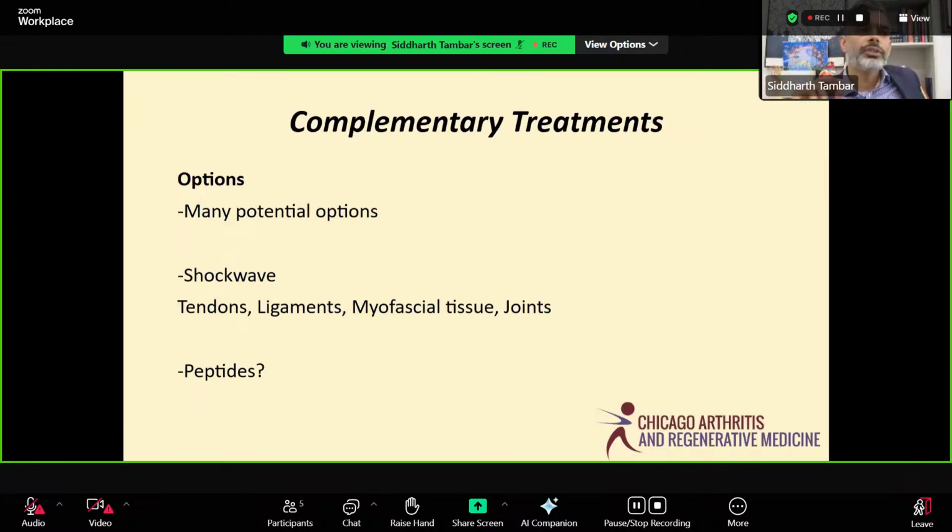A couple things. Number one, limited data to commit to peptides, but kind of in theory makes sense. Number two is you have to be careful because sometimes what may be healthy and helpful short term, like some peptides, may have an issue long term, meaning if you're taking it for prolonged periods of time. As an example, things like BPC 157, TB 500 are frequently used for joint issues. I think after an acute injury or maybe after a procedure, maybe there's some benefit to that in theory. Again, very little data on this.